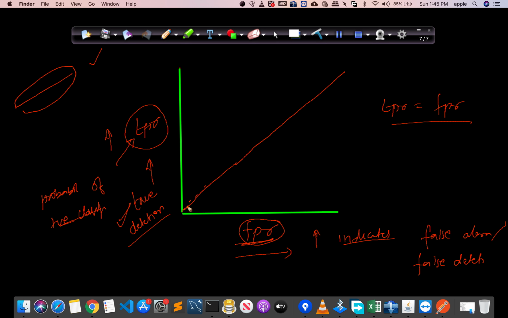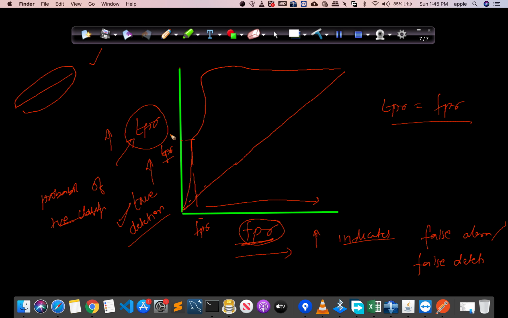Now suppose we have a graph like this. At this particular point we have a lower false positive rate, but we also have a lower true positive rate. As we move along this direction, the false positive rate will increase.